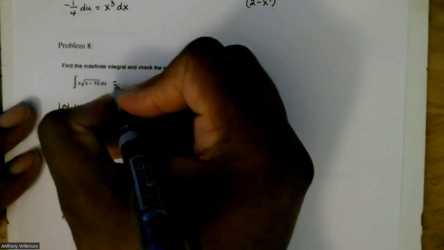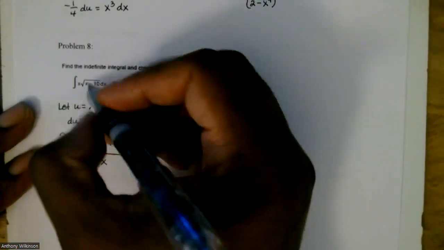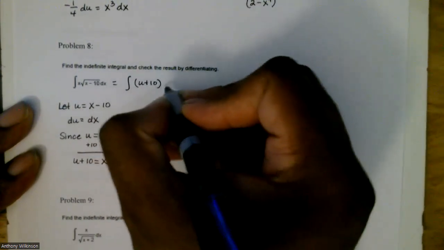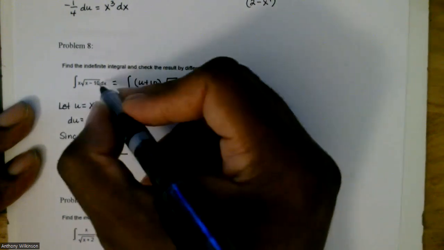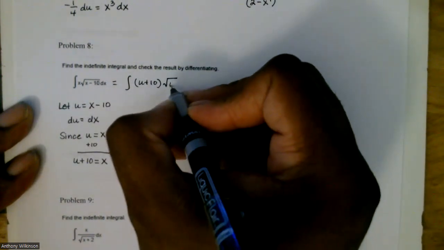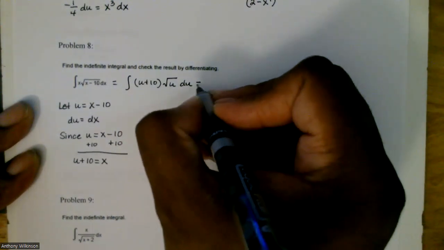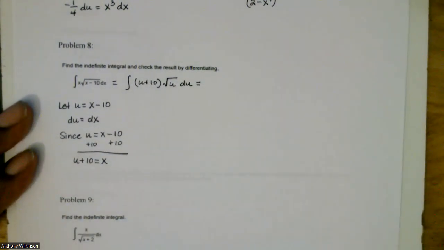All right, so using the substitution, we have the integral of x, which will be the u plus 10, times the square root of x minus 10, which will be replaced with the u. Dx then will be du. So everything you see is in terms of u. Now the square root of u in exponential form, of course, will be u to the 1/2 power.